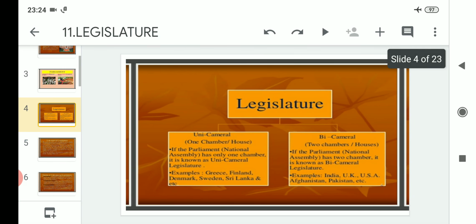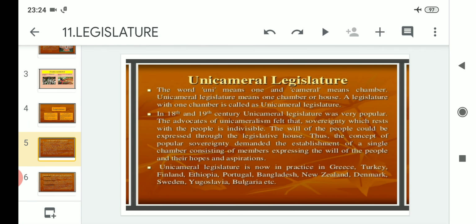So before winding up, today we have gone through the general definition of unicameral legislature. After that, we also read why unicameral legislature was so popular in the 18th and 19th century, because the people believed that the unicameral legislature was the only source that would revive the concept of sovereignty.